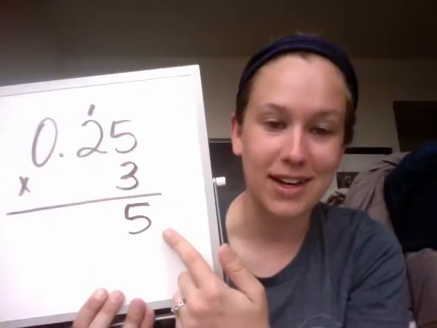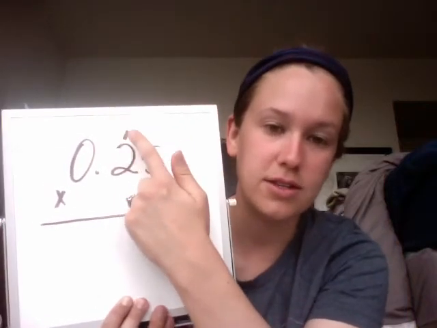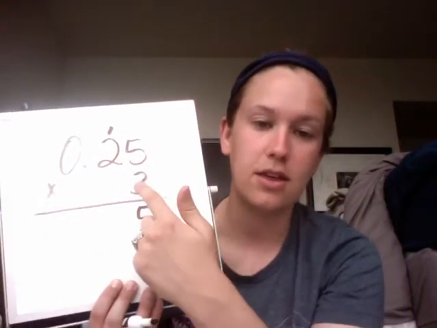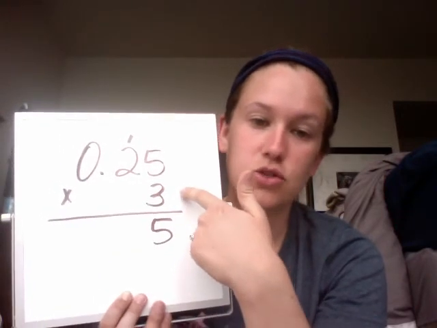It's 15, right? So I can't put all 15 hundredths right here. I just can't. So I have to rename 10 of my hundredths to be 1/10. Okay, now I have 2/10 times 3, which is 6, plus 1 more is 7.